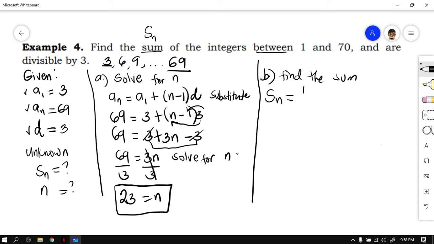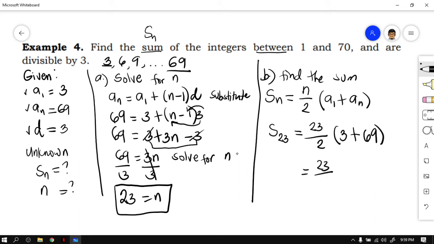That is S sub n is equal to n over 2 times the sum of the first term and the last term. So, substituting it, n will become 23. So, the sum of the first 23 terms is equal to 23 over 2 times a sub 1, which is 3, plus a sub n, which is 69.